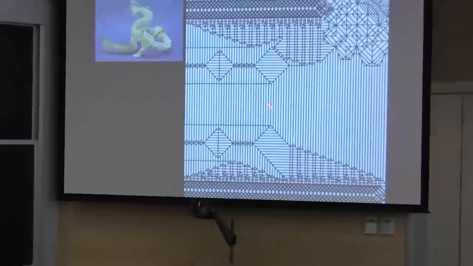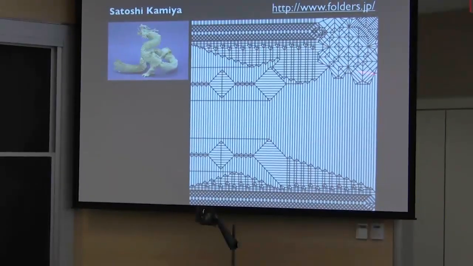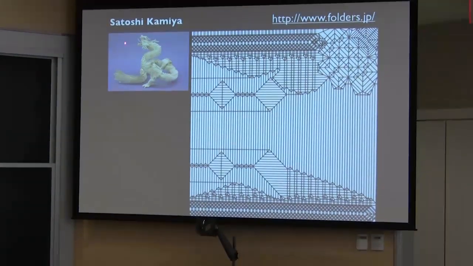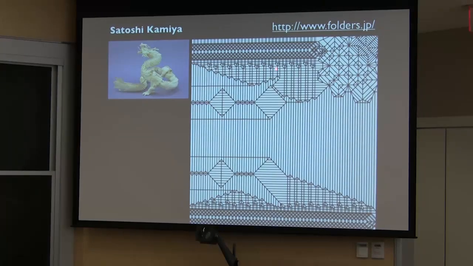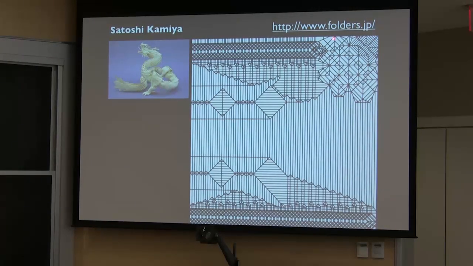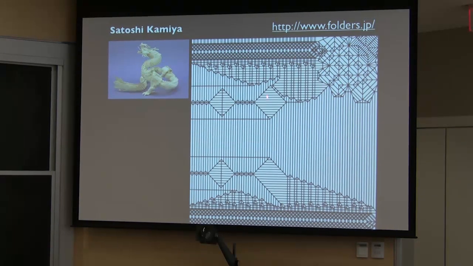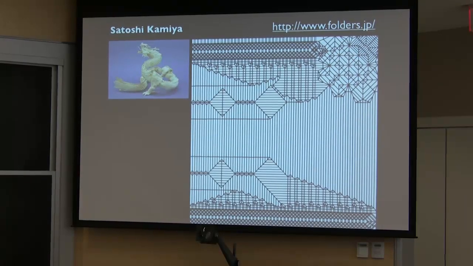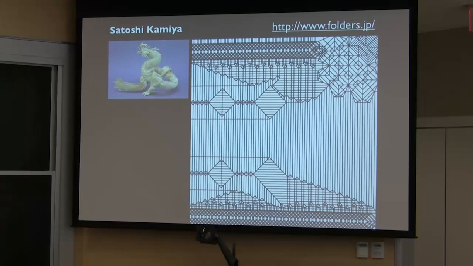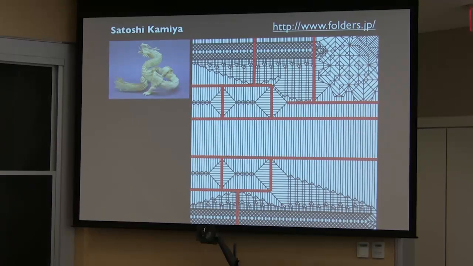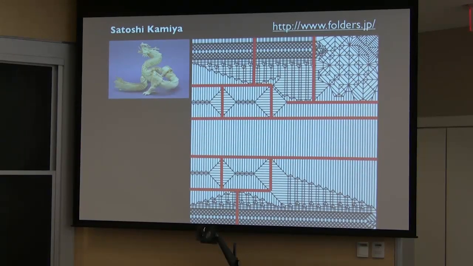It's slightly less detailed than this model right here. You can see, what do you think this is? Maybe the scales. This is the head region. We can perform a rough version of this hinge crease representation and get an idea for the structure of this model.